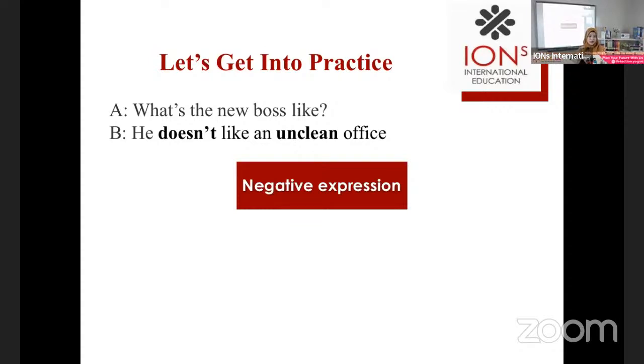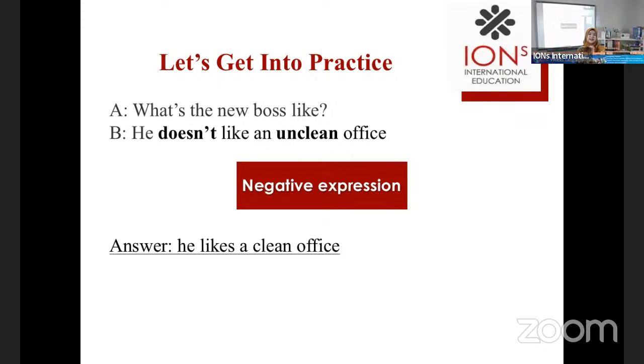What is the synonym of doesn't like? Doesn't like unclean office. Okay, jadi kalau diubah ke positif itu menjadi, it means that he likes a clean office. Okay, so we have to find the restatement, the synonym. Doesn't like unclean office means he likes clean office.